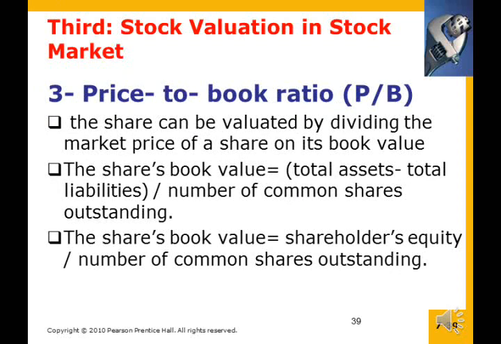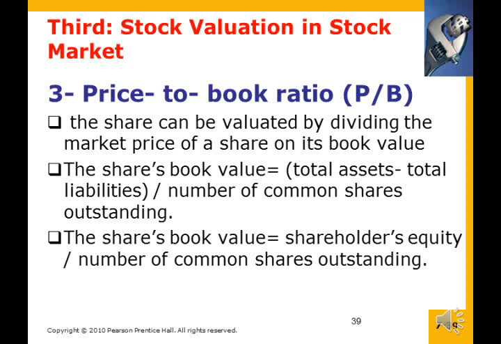The third method we can use to evaluate stocks in the stock market is the price to book ratio. We can evaluate the stock by dividing the market price over the book value of the share. How can we find the book value?